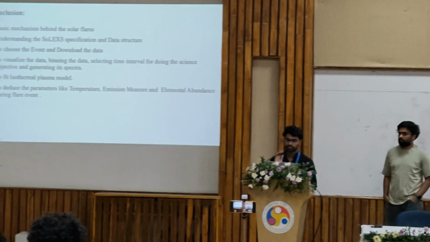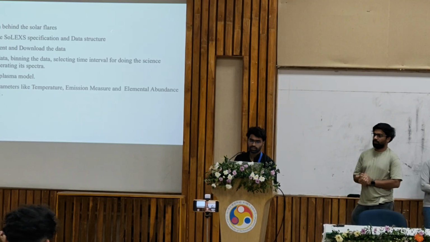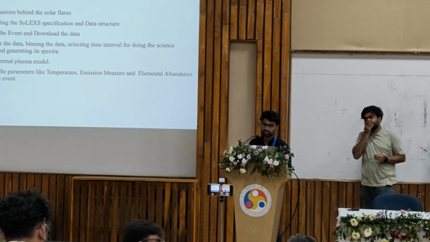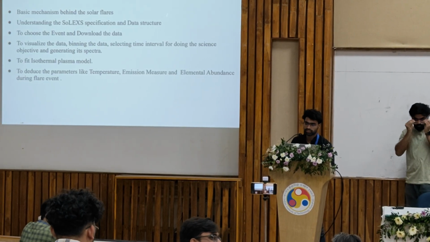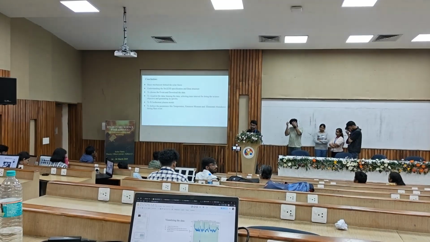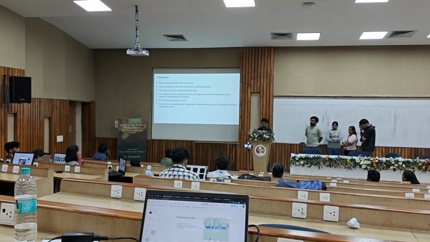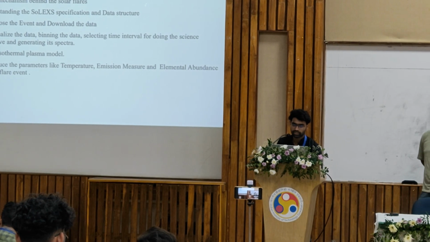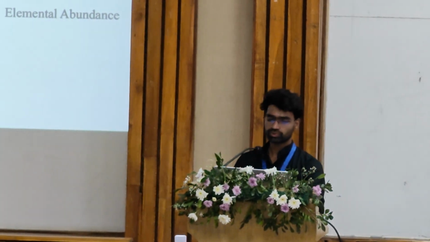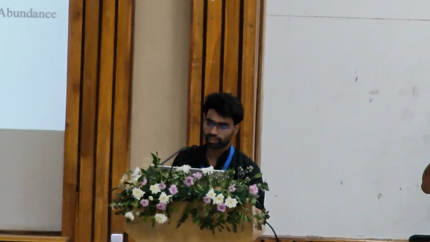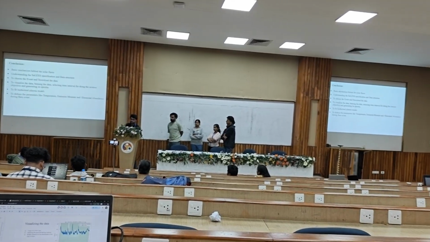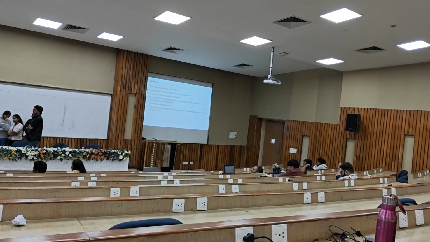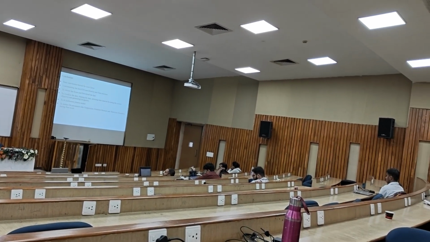So in conclusion, in this project, we have seen the mechanism of solar flares, understood solar spectroscopy and their different data structures like light curves, PI files, and GTI files, and how we can choose the event and download the data from the website, and visualize the data using different packages like XSpec, and how to bin the data, selecting the time interval for the science objectives, and generating its spectra.